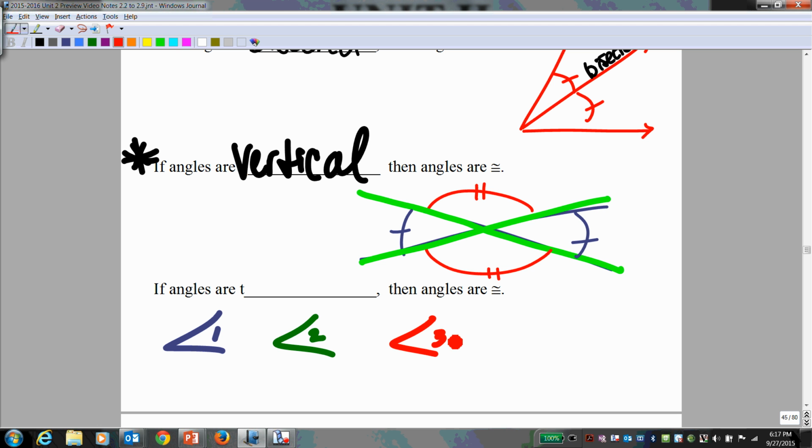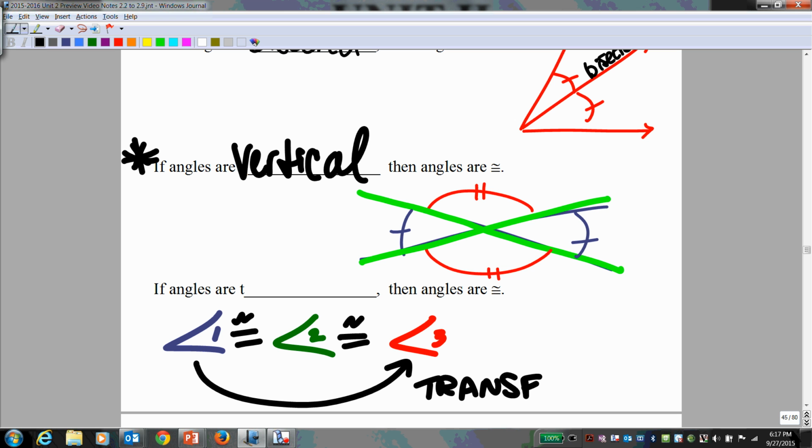Say I have three different angles here. Angle 1 is congruent to angle 2, and angle 2 is congruent to angle 3. That means we can transfer congruency from angle 1 to 3.